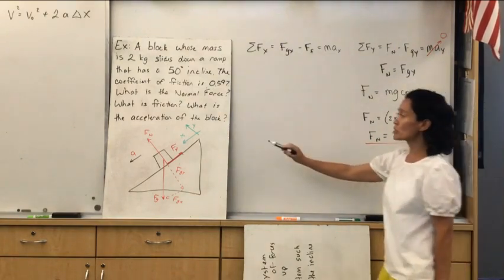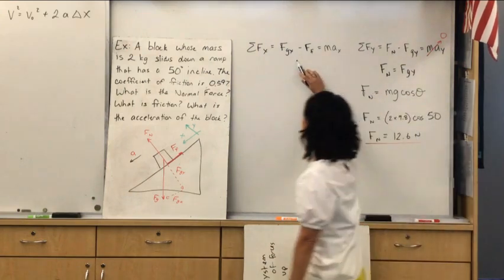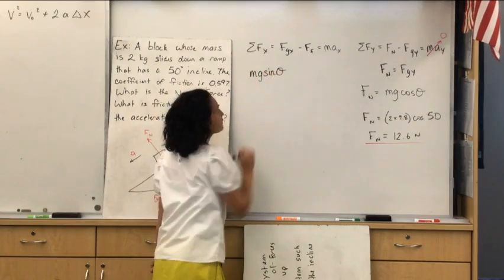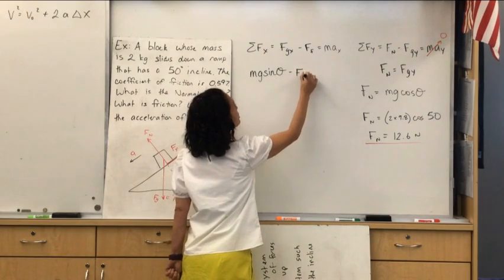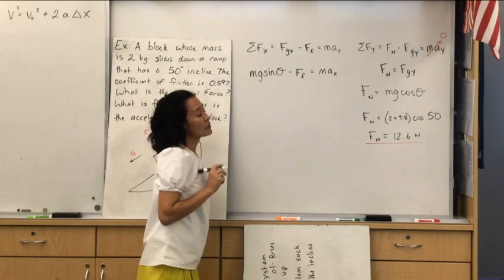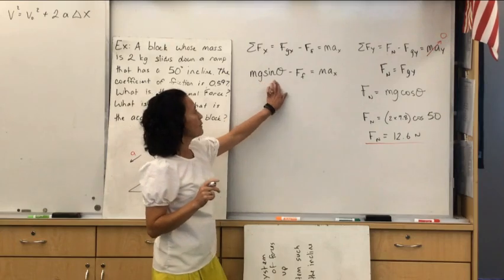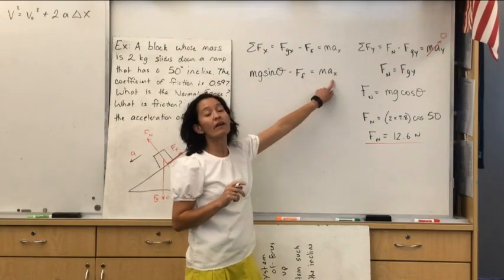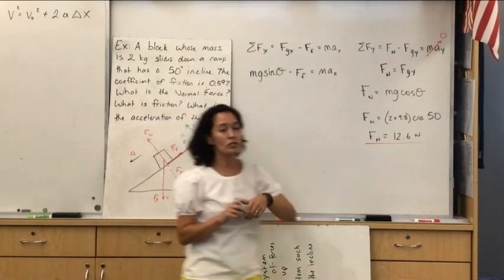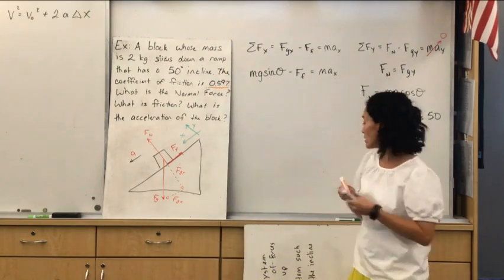Okay, next part of the question says, what is friction? All right, here's friction. So let's plug in what I know. Fgx is mg sine of theta minus friction is equal to max. Here's where I've got a little bit of a roadblock. I know my mass and gravity and theta. I'm looking for friction, but I don't have acceleration, so I can't use this to find my friction. But I do have my mu value, that's my coefficient.